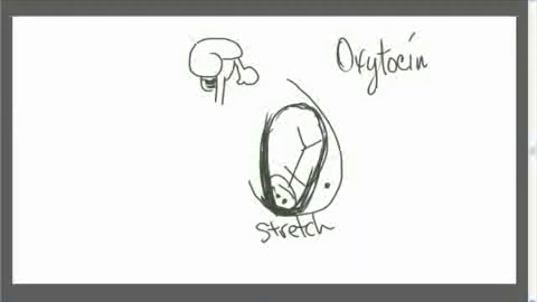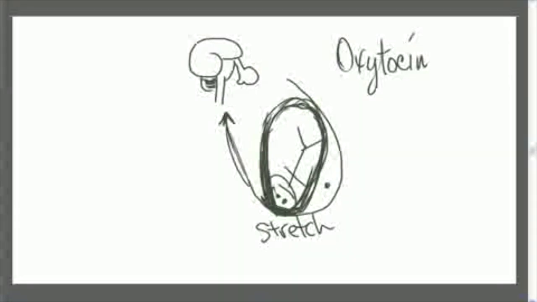No? Do you think your brain is aware of the stretch, though? See, some women feel it, some women don't feel it. Some women don't feel much, some women do feel a lot. Your brain knows it either way. So look here. When you have stretch, look, there's input to the brain.